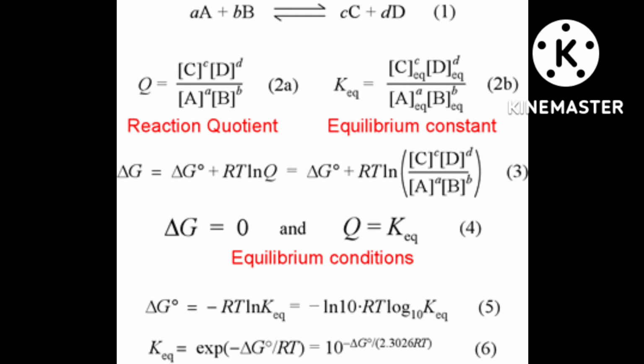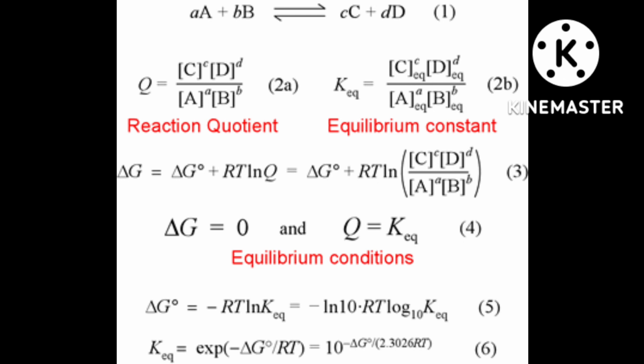Okay, the partial pressure of N2O4, that value you also have to keep, with power only one, because only one N2O4 was there. N2O4 is giving 2 NO2, that's why NO2 became power 2 and N2O4 is only 1.